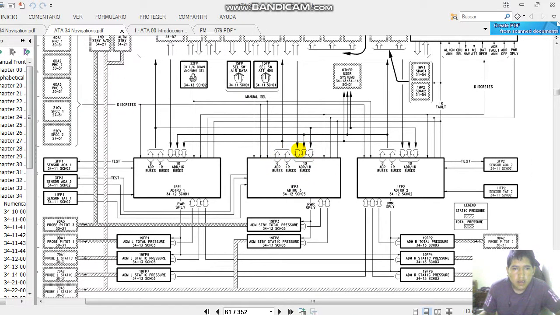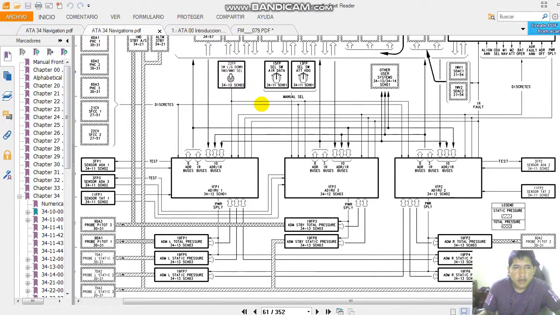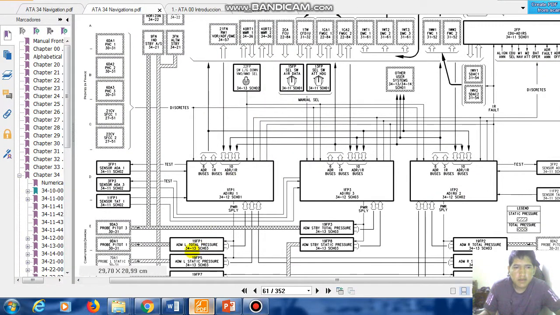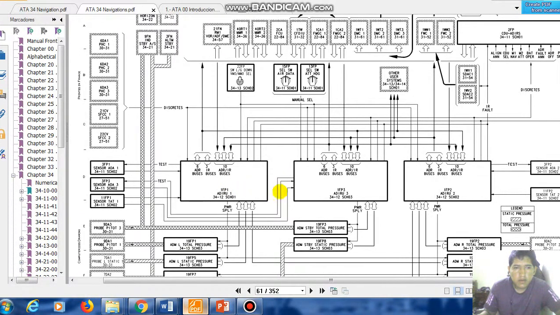you can see all the components that make up this system. For example, in this case it is the ADIRU.